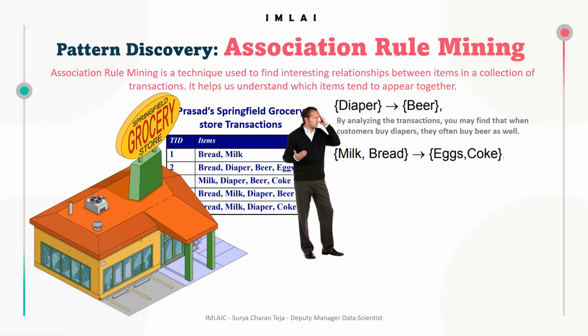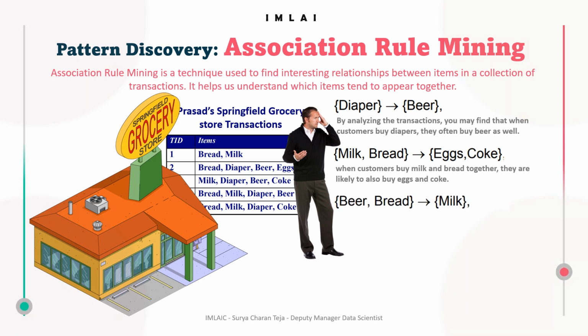So the equation can be spelled out as buying of milk and bread items tends to lead to buying of eggs and coke. Or, when customers buy bread and milk, they often buy eggs and coke. Okay, so that's what it says. What's next?